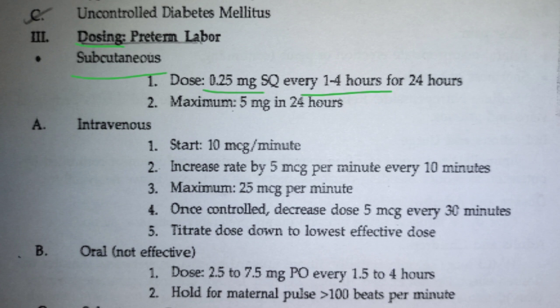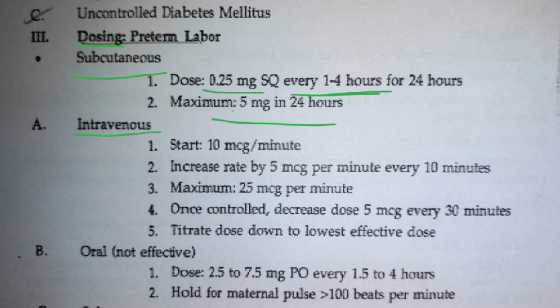See, in tocolytic drugs, many drugs will be administered in the subcutaneous way. One drug will be at a 2 hour gap, while another drug will be at a 3 hour gap. So every 1 to 4 hours it will be administered. Maximum 5 mg should be administered in a day.